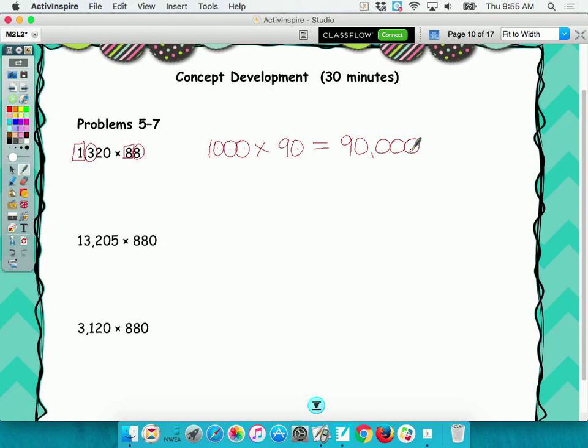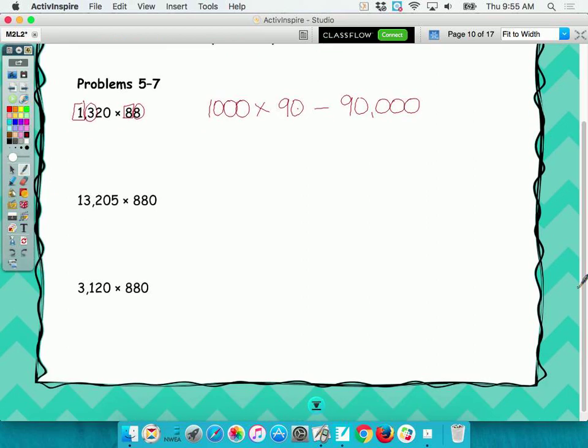Okay, let's take a look at the next one. I'm going to box the 1, circle the 3. Is it going to be 10,000 or 20,000? 10,000 times, box the 8, circle the 8. 900.